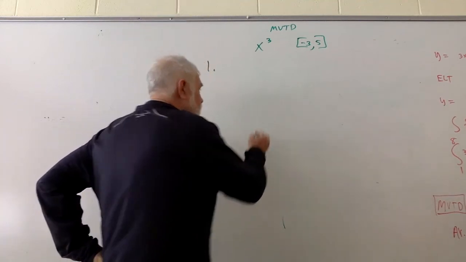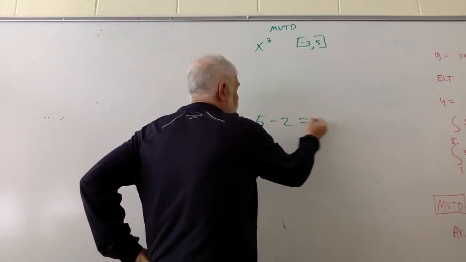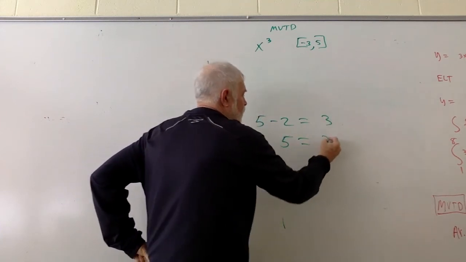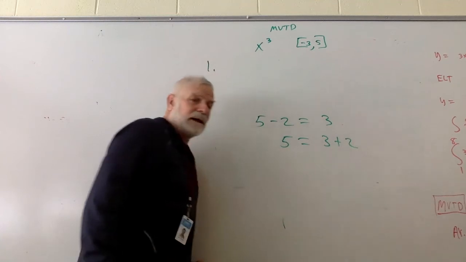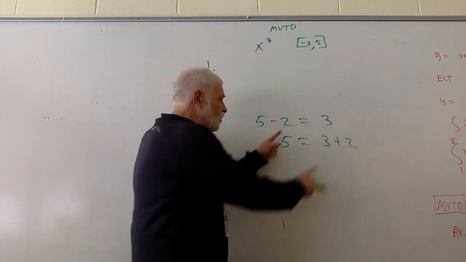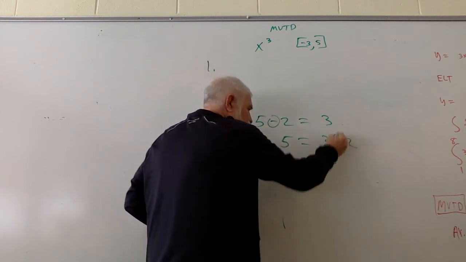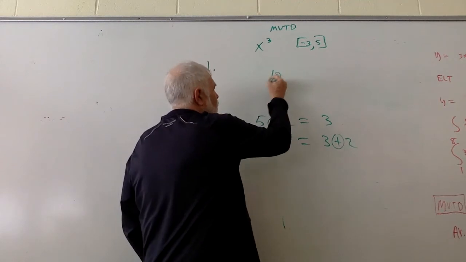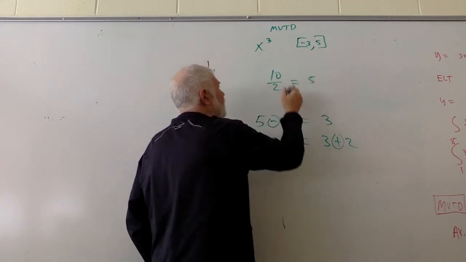So something as simple as 5 minus 2 equals 3 may be written as 5 is equal to 3 plus 2. It sounds simple, and it is. Subtraction becomes addition. It's not so much the numbers, it's about the operations, right? And that maintains itself throughout everything we do in math.